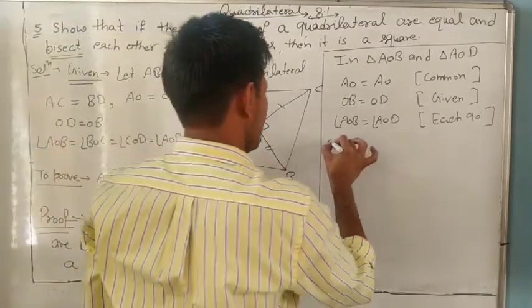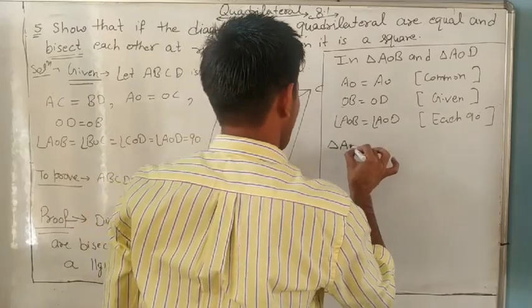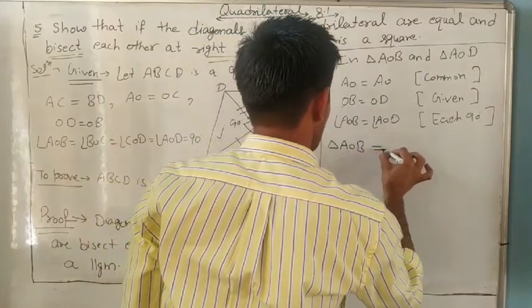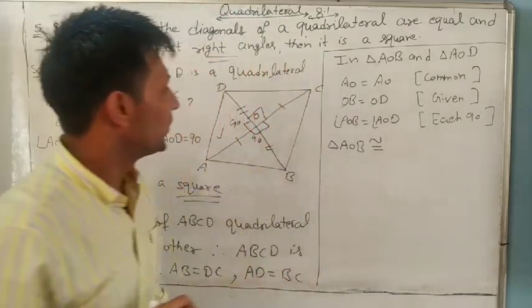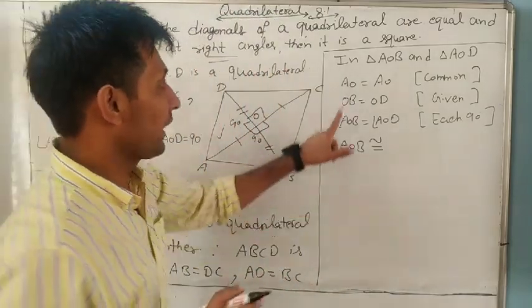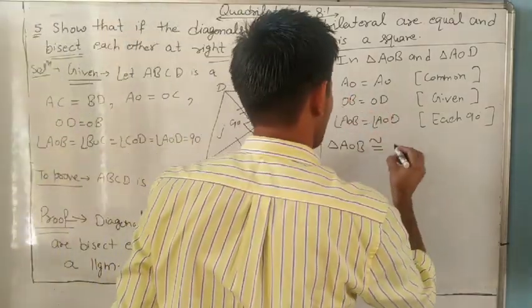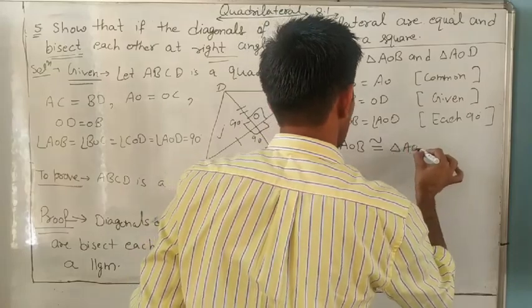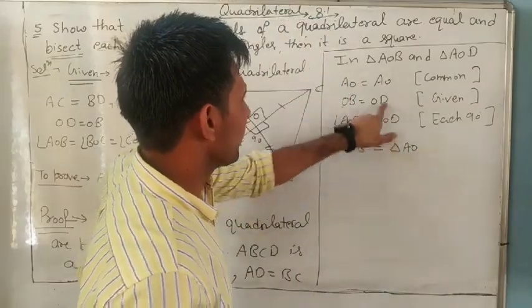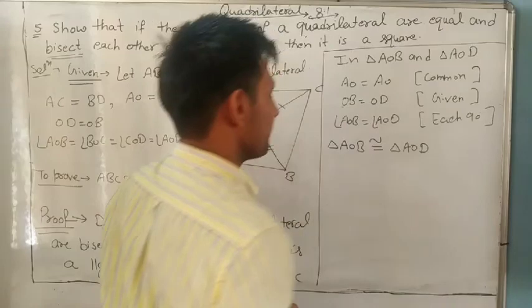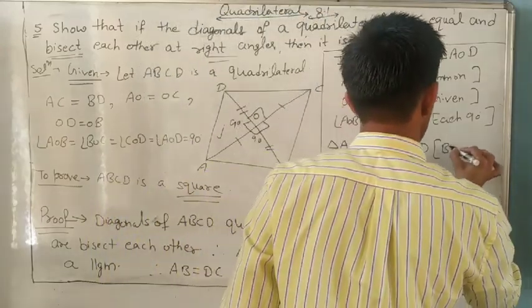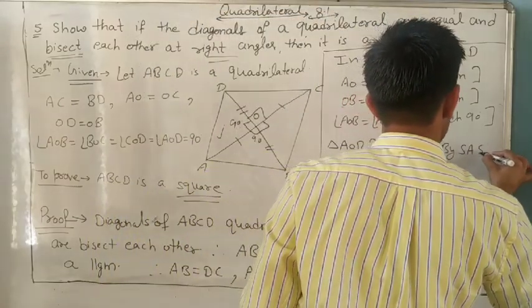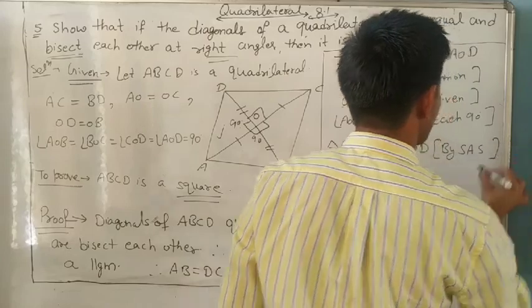So write triangle AOB congruent to which one? Always write in order. AO, OB and OB, by side angle side criteria.